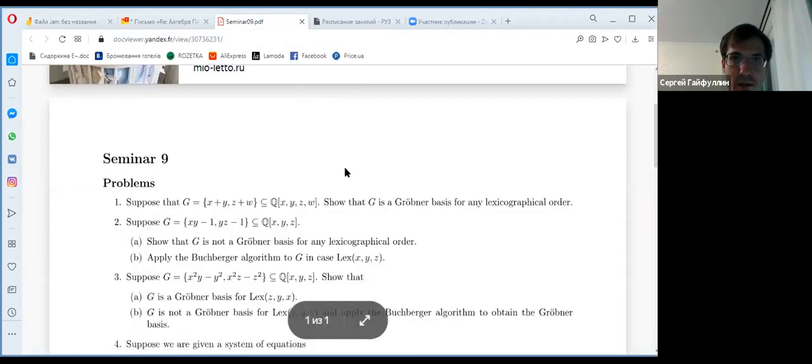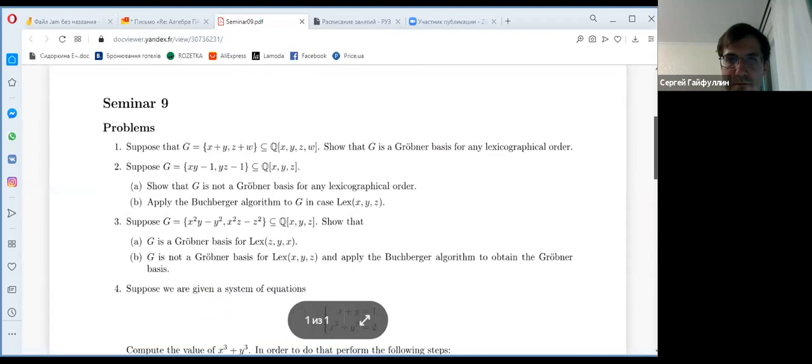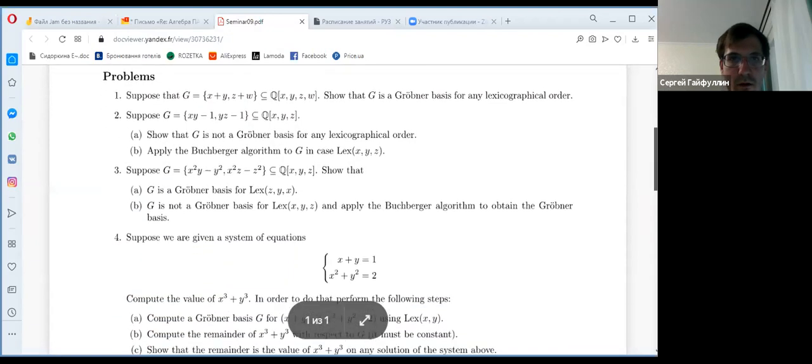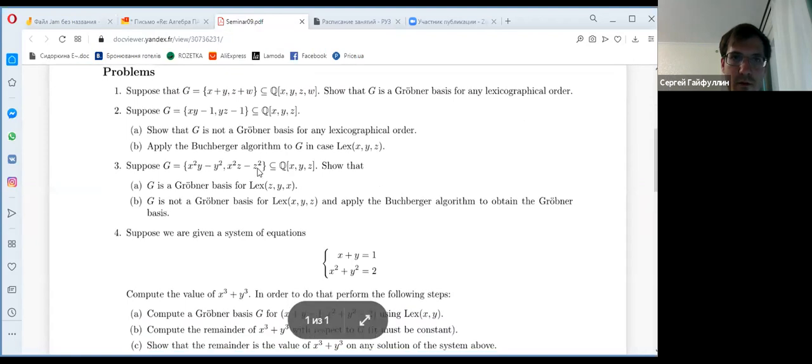Okay, let us proceed with number 3. Number 3, we have the system of 2 polynomials in a ring of polynomials in 3 variables.